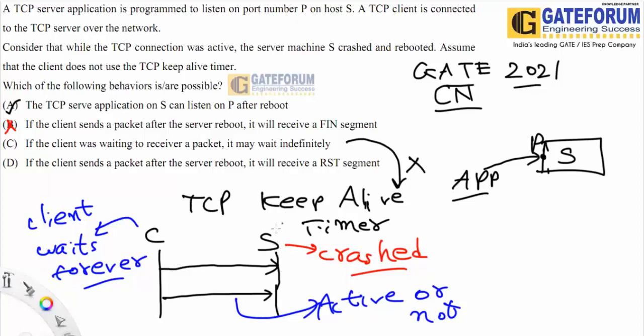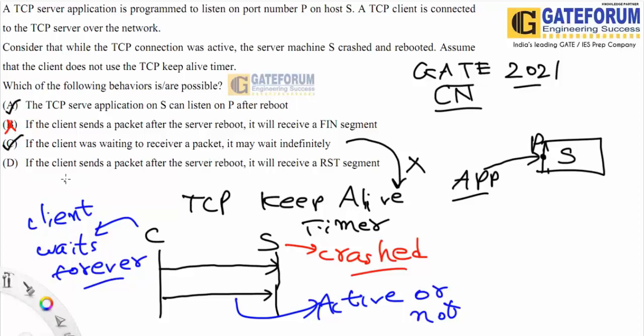The server might have forgotten the client because it has crashed and rebooted, and if it is listening on port P for some other client, the client might wait indefinitely. If the TCP keep alive timer was there, the client wouldn't wait indefinitely, but as it is not there, the client might be waiting indefinitely. So this is possible.